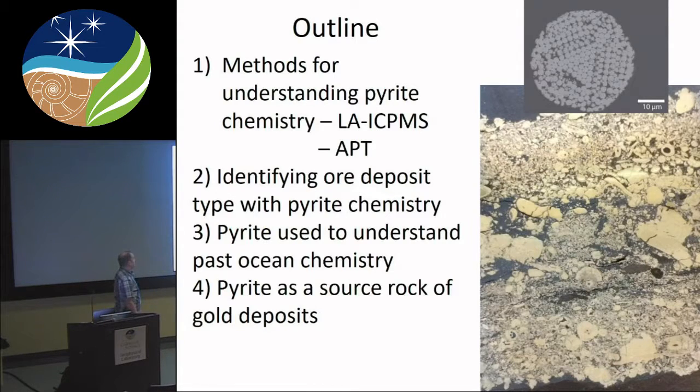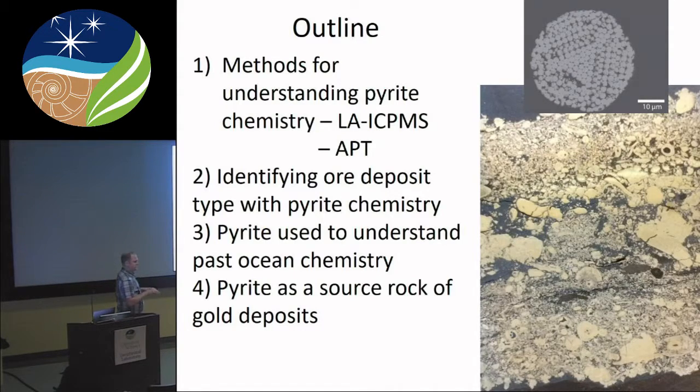Over the course of the talk, I'm going to first go into some of the analytical techniques I use, which is largely laser ablation, but I've been branching into atom probe tomography and TEM more recently. And then I'll talk a little bit about how we've been using machine learning to try and understand in what environment pyrite formed based on its trace element content.